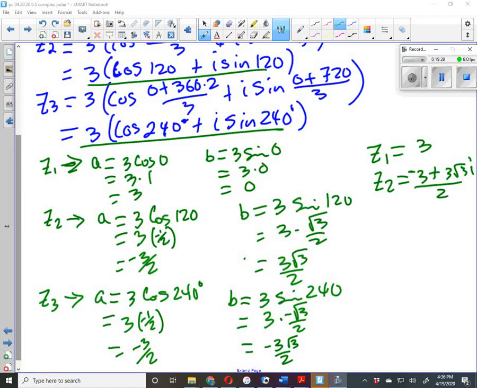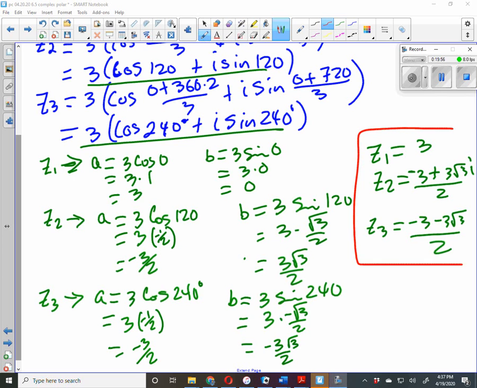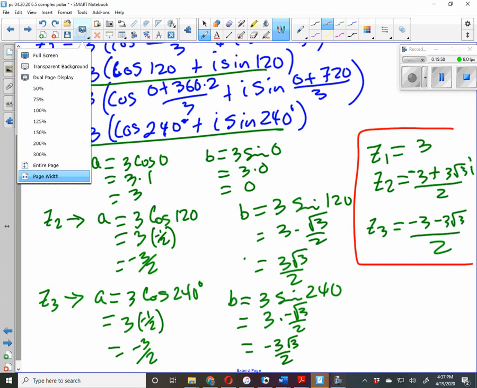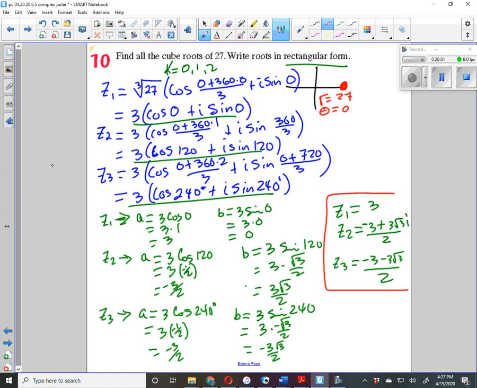Common denominators of 2. So z sub 3 is equal to negative 3/2 minus 3 root 3 all over 2 i. And you are done. Converted back to rectangular form. That one's going to take a little bit of work. All right.